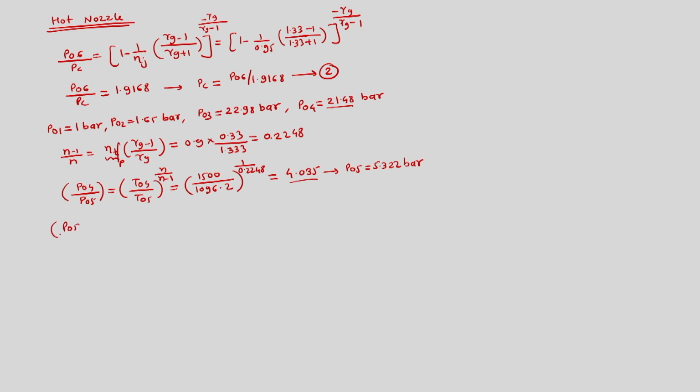Similarly, P05 divided by P06 is equal to T05 divided by T06 bracket raised to n upon n minus 1. T05 is 1096.2 and T06 is 823.